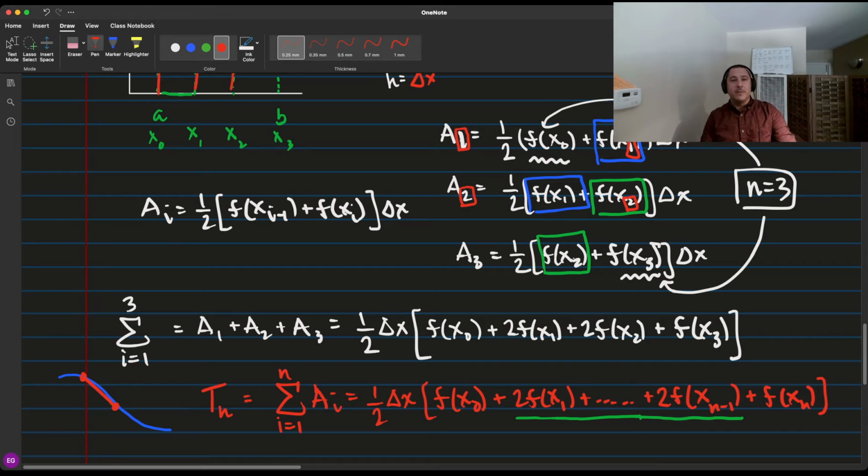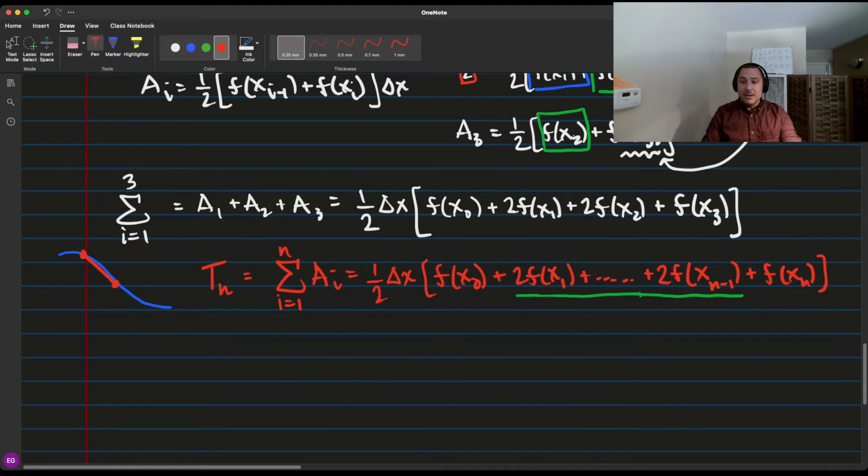There's actually, for people who study this, they spend a bunch of time investigating which curves you should use which sort of numerical integration method for and will be more likely to give a smaller error. And there's a whole study of this called numerical analysis.